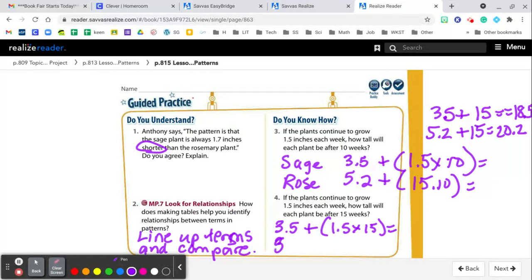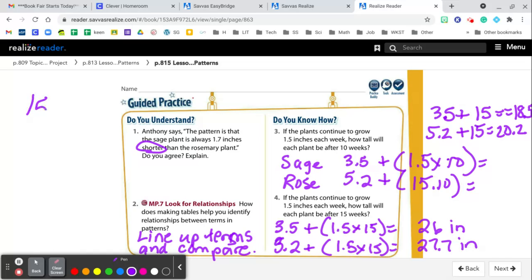So 3.5 plus 1.5 times 15, and 5.2 plus 1.5 times 15. This one will be 26 inches, and this one is 27.7 inches.